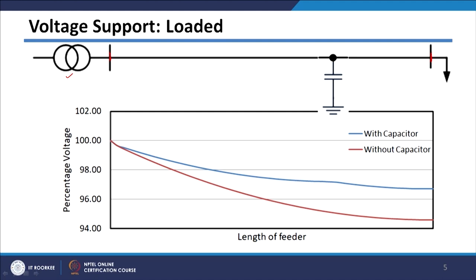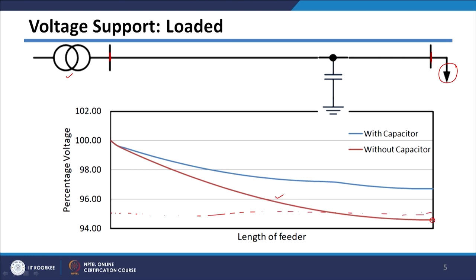If the capacitor is not there, depending upon the load on the system, it will vary like this. This is your voltage profile, which is decreasing with respect to the length of the feeder. When the feeder is longer, this decrease is larger, and if there is, say, a 5% limit, it will cross the limit and go below that.